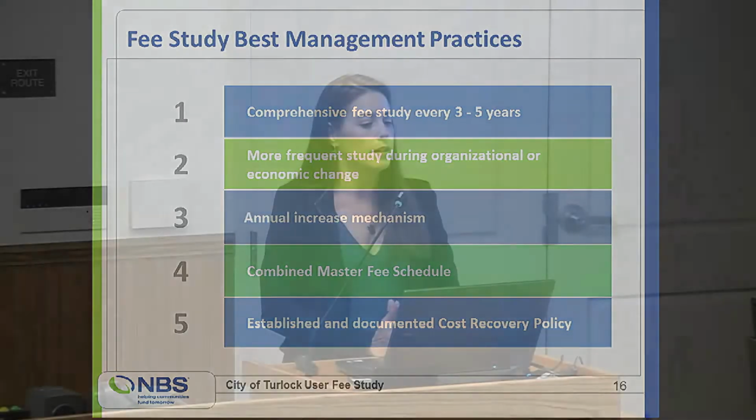These are some of the fee study best management practices that we have seen over the years, and they are just recommendations of activities that if they are taken on by the city, they tend to find more cost recovery, more appropriate cost recovery, less reliance on the general fund, and in general, their fees and permitted activities are more in line with the activities and processes that are happening within each department.